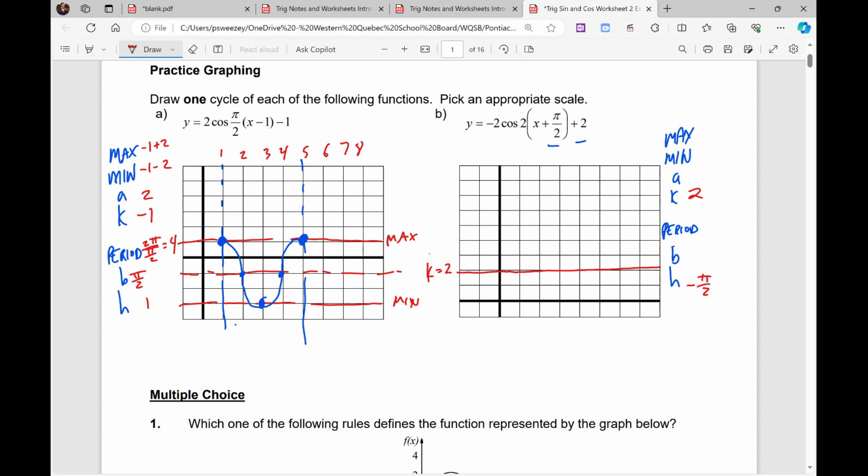The maximum and minimum of this guy are going to be derived from the value of A. A is negative 2. I still want you to know that the maximum is 2 above the k and the minimum is 2 below the k.